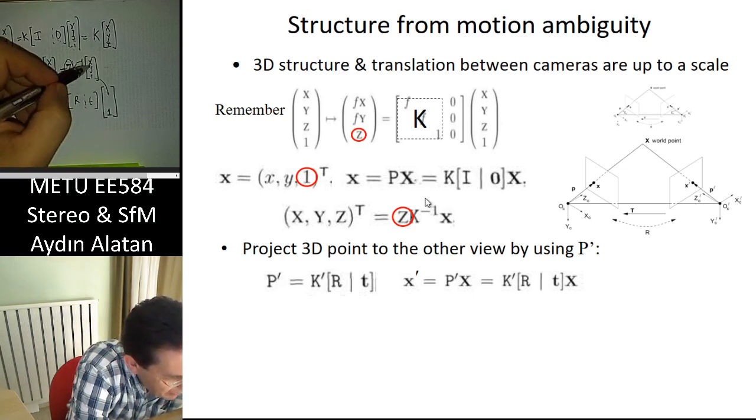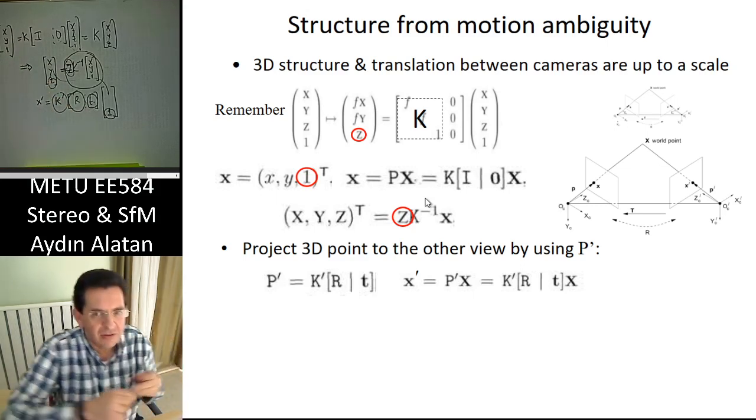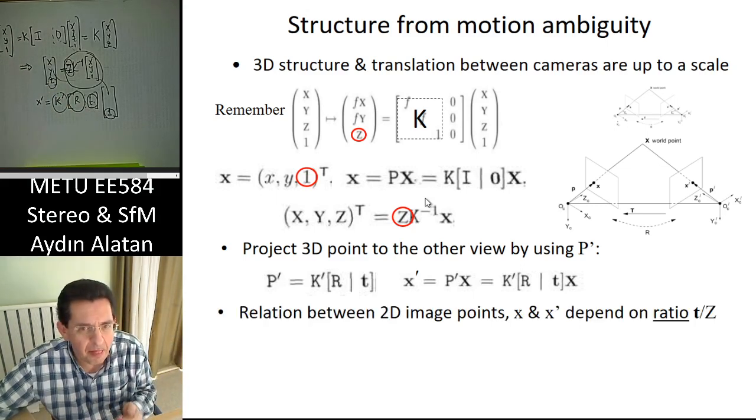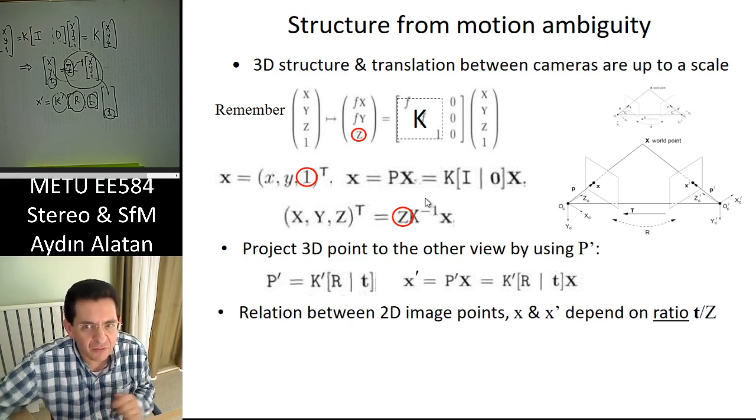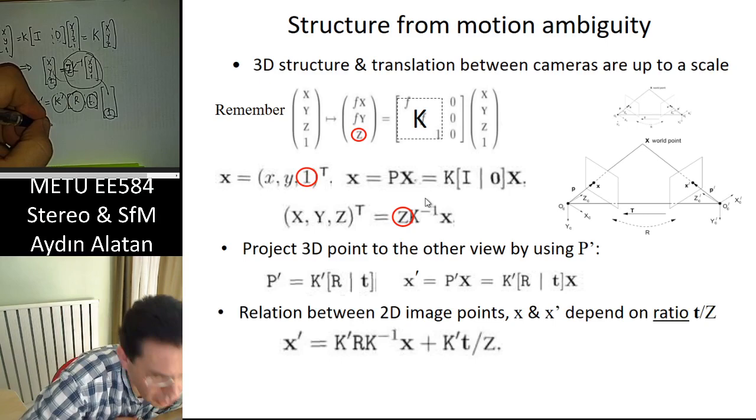Now, if you multiply this whole thing by this part and this one, and obviously this one and that one with this, the result will be nothing but this one. Let's do it together.